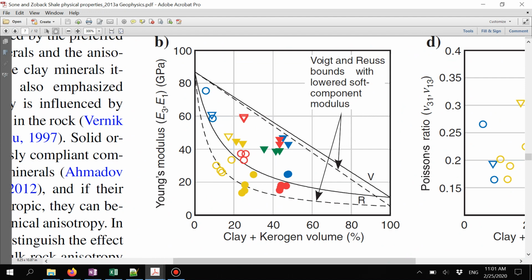So let's look, for example, at this rock, which is the red one with the filled symbols. Here you can see that for the rock that had a volume fraction of clay and kerogen of about 40%, which is quite a bit, that would mean 40% of the entire rock in volume is composed of soft materials.